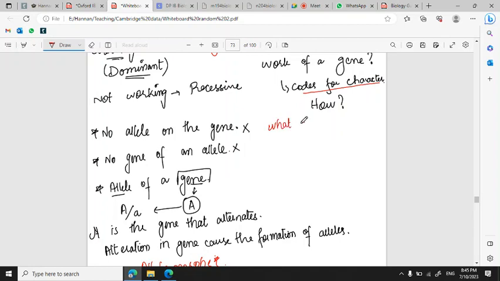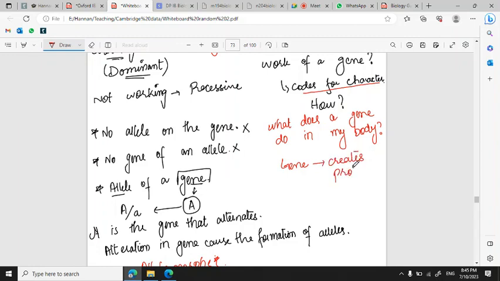Now remember, if I ask you another question: what does a gene do in my body? Obviously it is a very important part of my body, but what is it doing there? It's responsible for your physical characteristics and your behavioral characteristics.